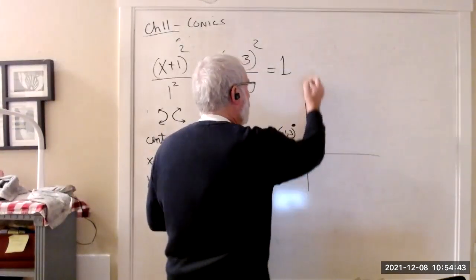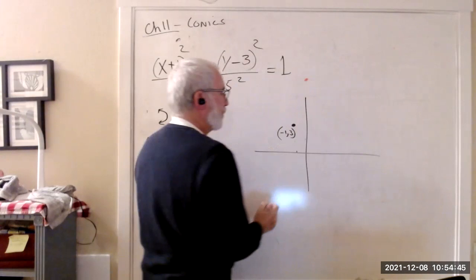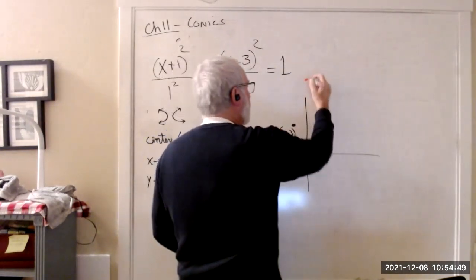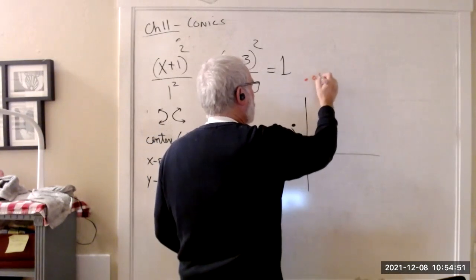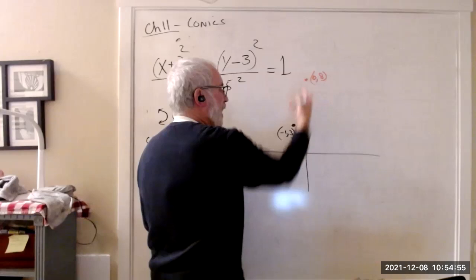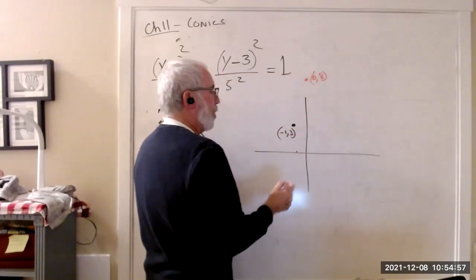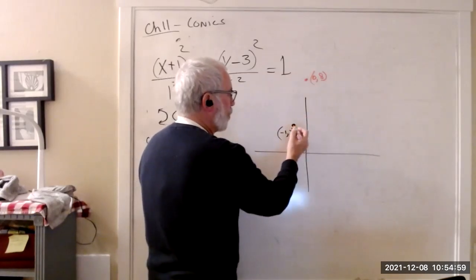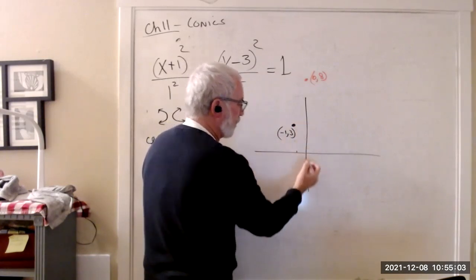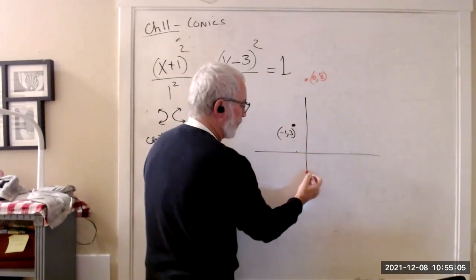If I go over 1, I'm at 0. If I go up 5, I'm at 8. Over 1, up 5 is there. Or I could go over 1, down 5. 3 take away 5 is -2.